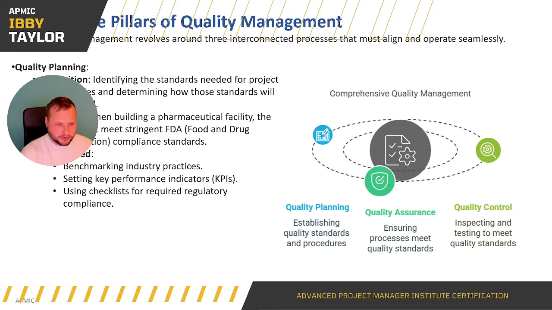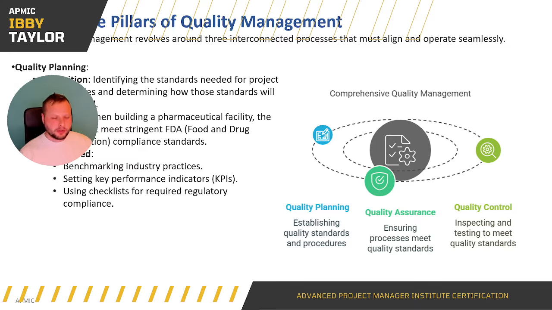So it mentions on the side there, for example, when building a pharmaceutical facility, the project must meet stringent FDA, Food and Drug Administration, compliance standards. That's going to be your quality planning. You know the benchmarks that you need to hit. You're using industry practices, key performance indicators or KPIs, and using checklists for required regulatory compliance.